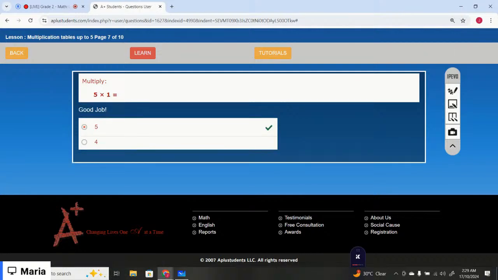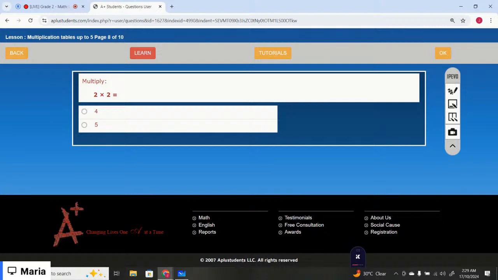Whatever number you are multiplying with 1, the number stays the same. That is known as the identity. 2 times 2, which is the correct option? 2 times 2 is 4. Option number 1 is the correct option.